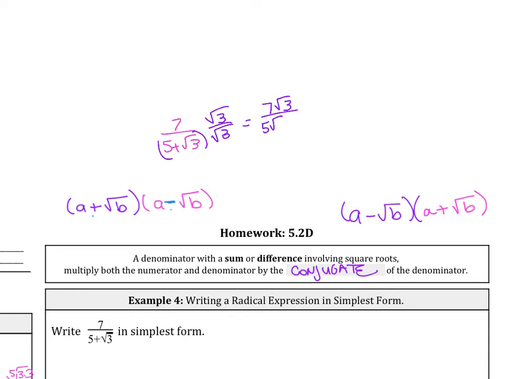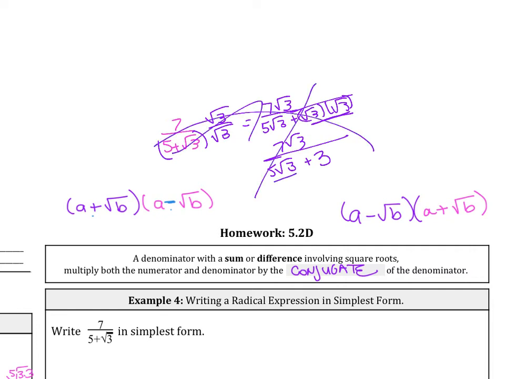This becomes 5 root 3 plus root 3 times root 3. Okay, so 7 root 3 all over 5 root 3, and then this is just root 3 squared, so that's plus 3. But notice it didn't make it any better for us. We still have this radical here, which is not what we want. So you can start to do that and you'll realize that it doesn't work.